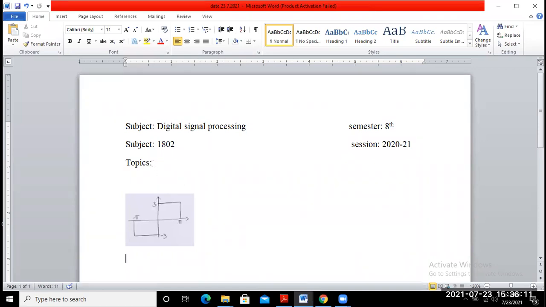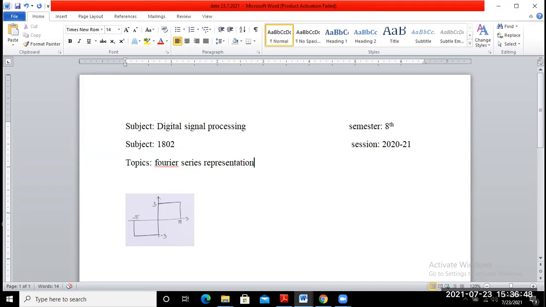Today we are going to discuss Fourier series representation using symmetry, the Fourier symmetry problem.